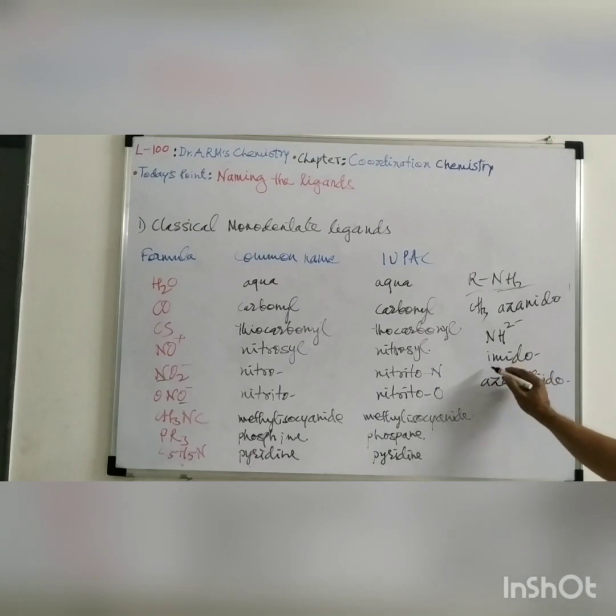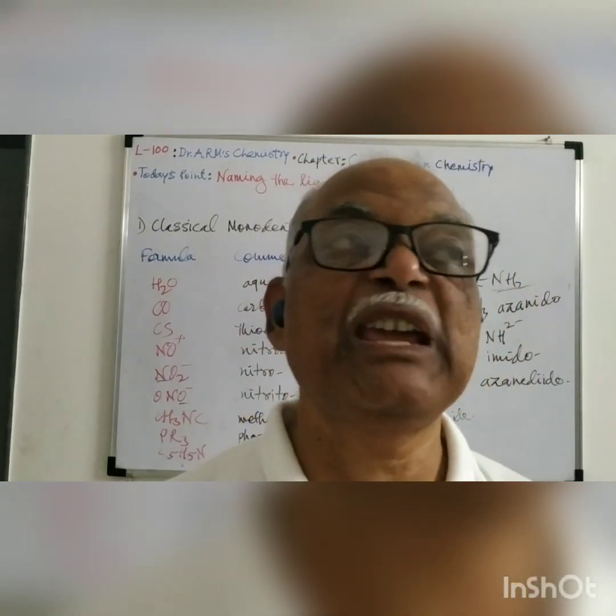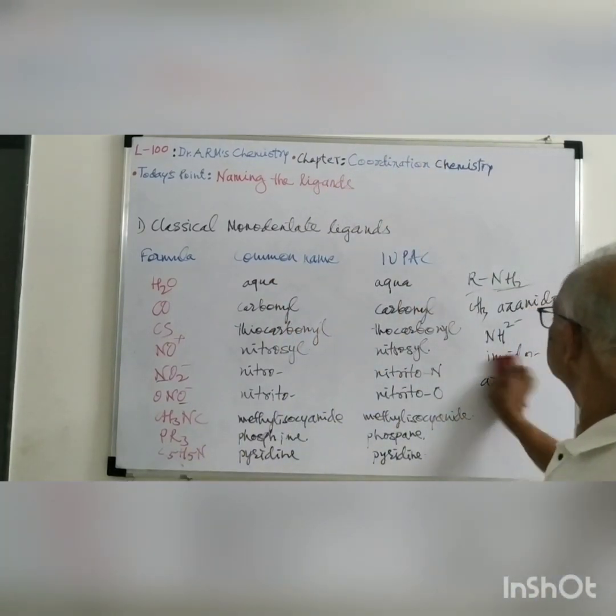This is called azanediido, that is imido. So this is about the naming of simple monodentate ligands.